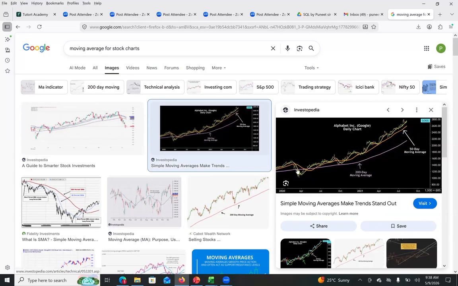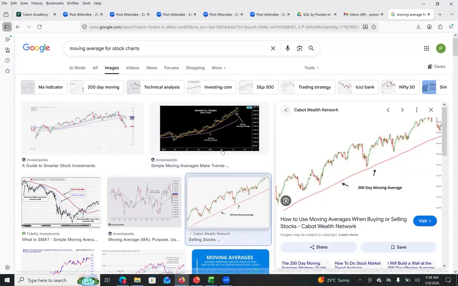For example, 50 days moving average, 20 days moving average, 200 days moving average. What will moving average do? It will just show you the trend component, whether over a period of time the stock price is going up or going down.